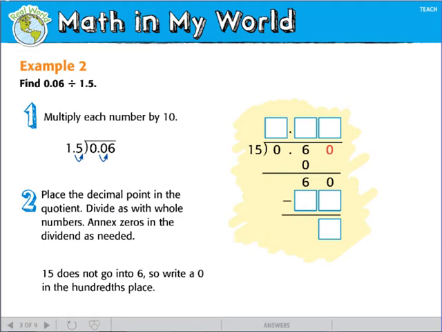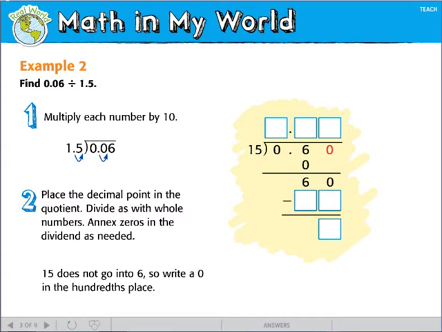We're going to find 6/100ths divided by 1 and 5/10. Now, we're going to ignore all the decimals until we're finished. There is going to be a difference now, though.